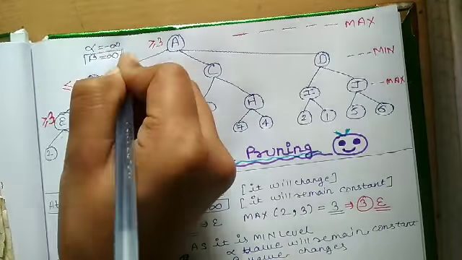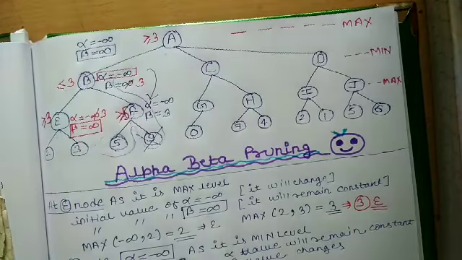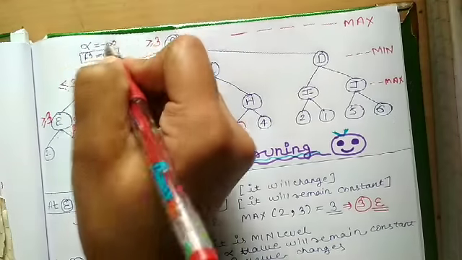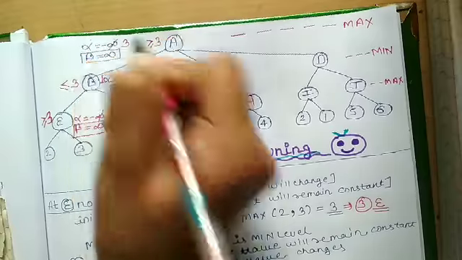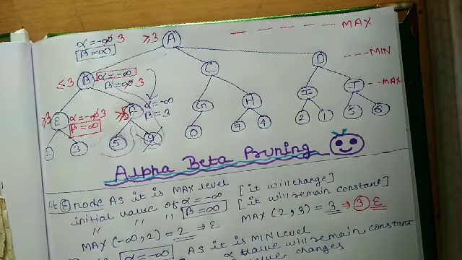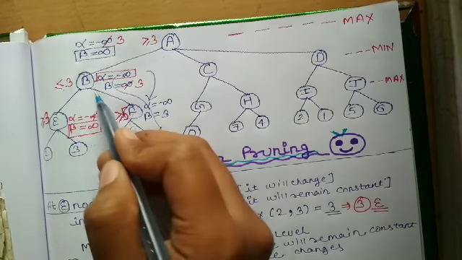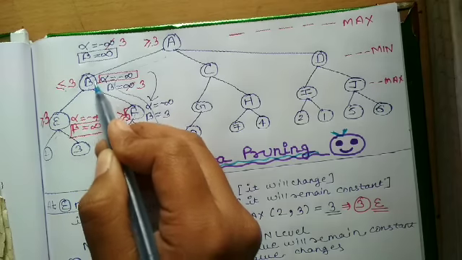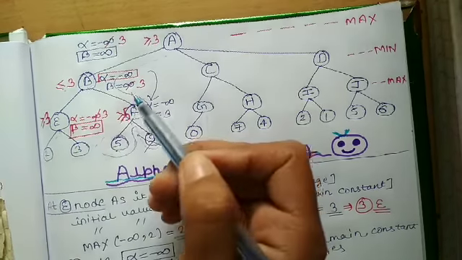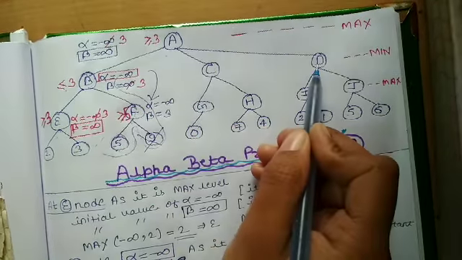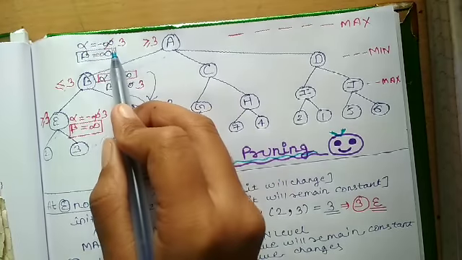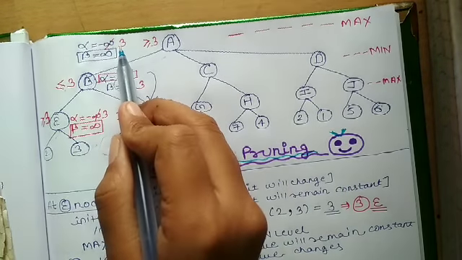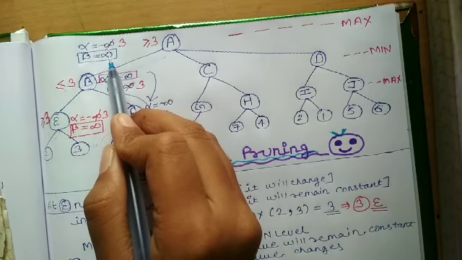Beta value will remain constant, alpha value will change, and it will become 3. Okay, I hope you are getting this. It has taken the values from that node which is explored. These two nodes are not yet explored. So alpha value is 3, and beta value is infinity.